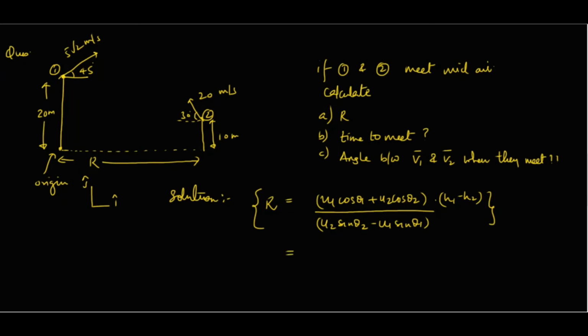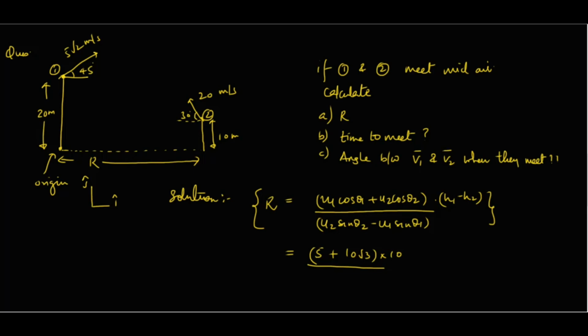So this is going to be u1 cos theta 1, which is 5, plus u2 cos theta 2, which is 10 root 3, and h1 minus h2 is 10, divided by u2 sin theta 2 minus u1 sin theta 1.